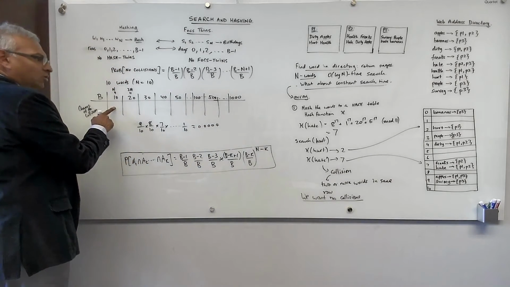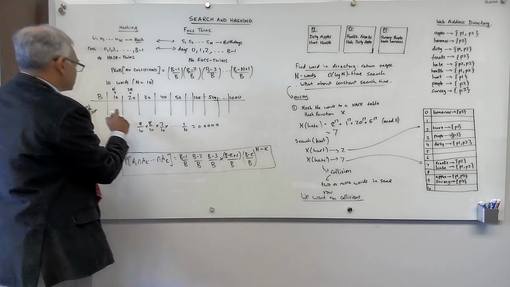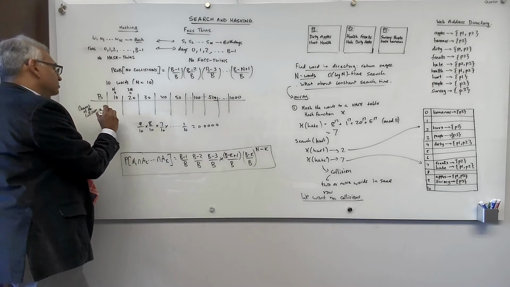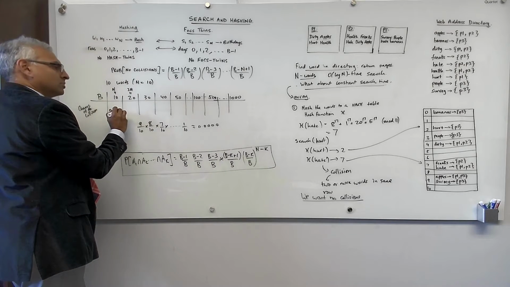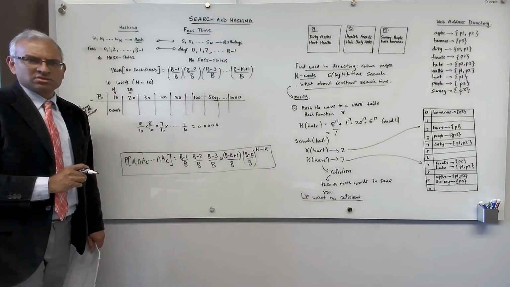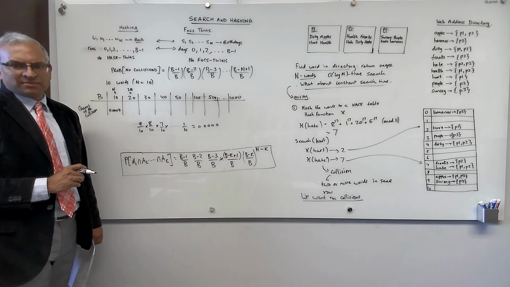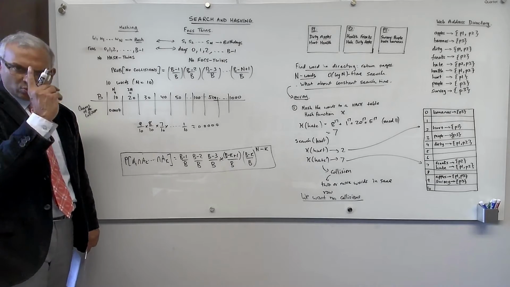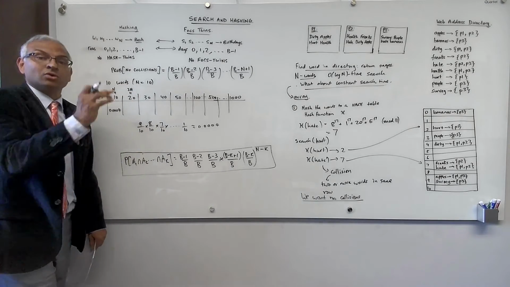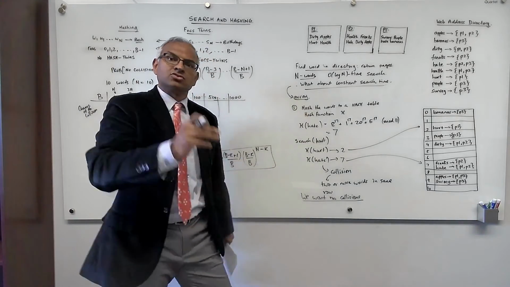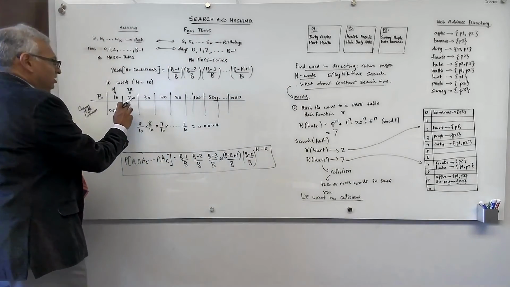So the chances of no collision, the chances of no FOCS-twin, is basically 0.0004. It's overwhelmingly likely that you will have at least one collision. And we're being very strict. We want no collision, so that no matter what you search for, it's going to be very efficient.